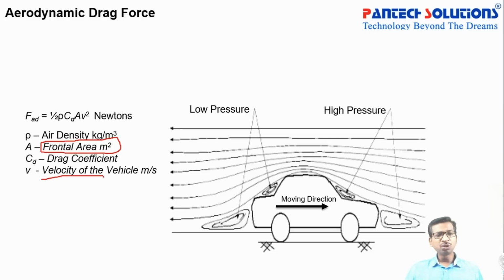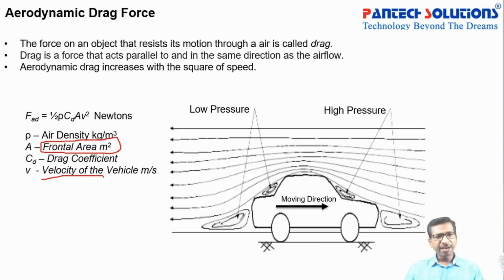If you know these details, we can calculate the aerodynamic drag force. This force increases with the square of the speed. So if you want to drive at maximum speed, this constant needs to be calculated properly.